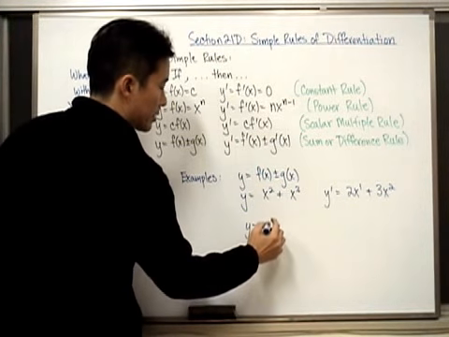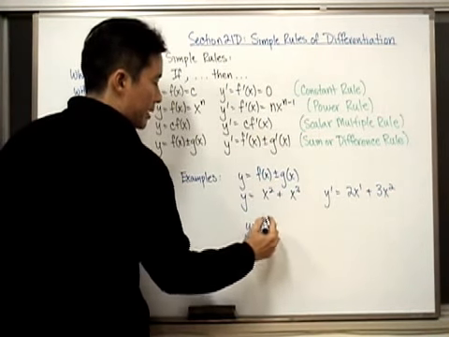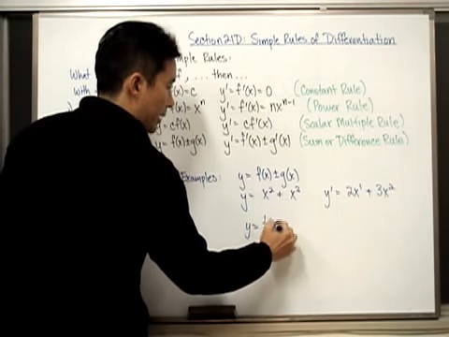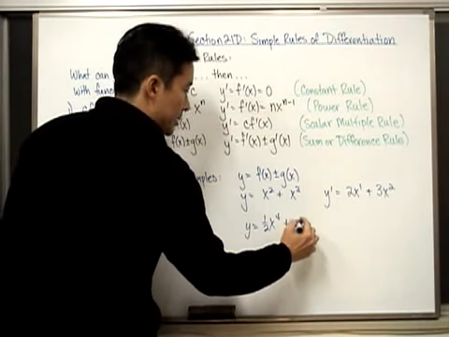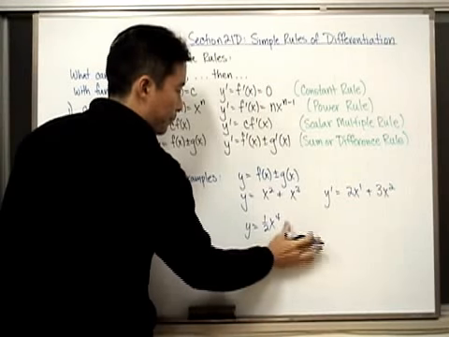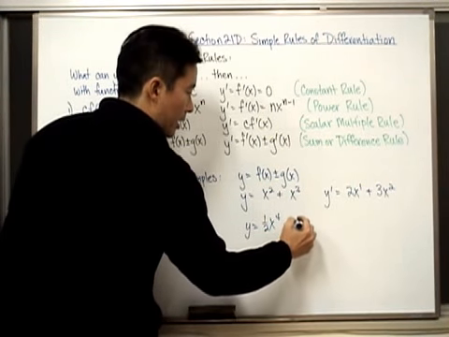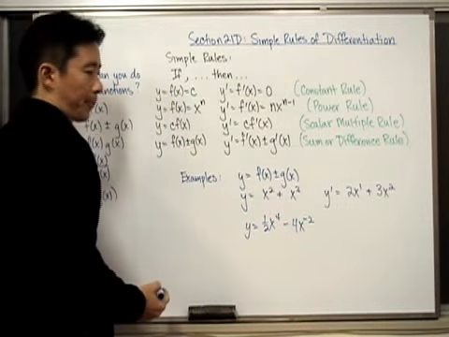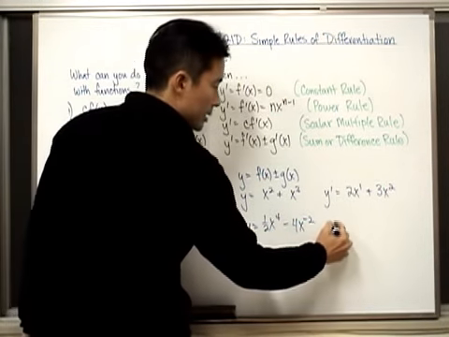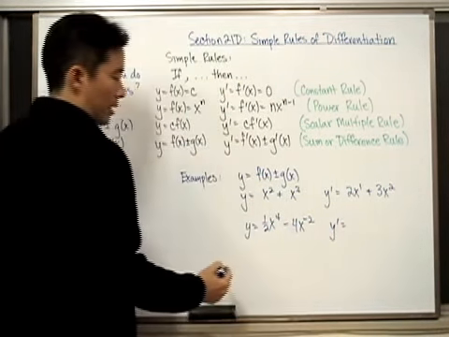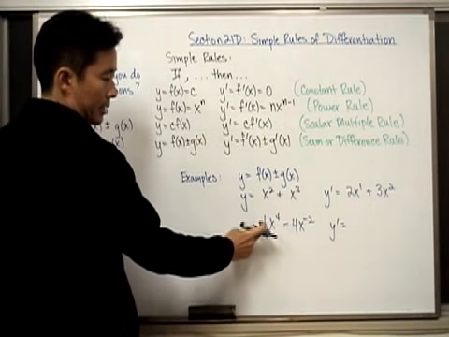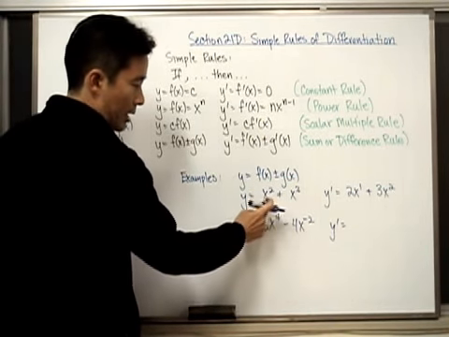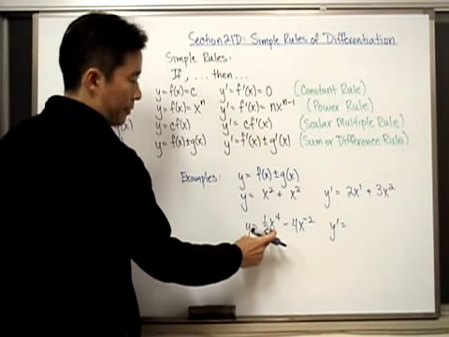Let's say y is equal to, let's make this a little bit more tricky here, 1/2 x to the fourth plus, let's make this a minus, 4x to the negative 2. Well, let's see if we can actually do this now. What we can see here is that that is just going to be the 1/2 x to the fourth. Now, how did I differentiate 1/2 x to the fourth?